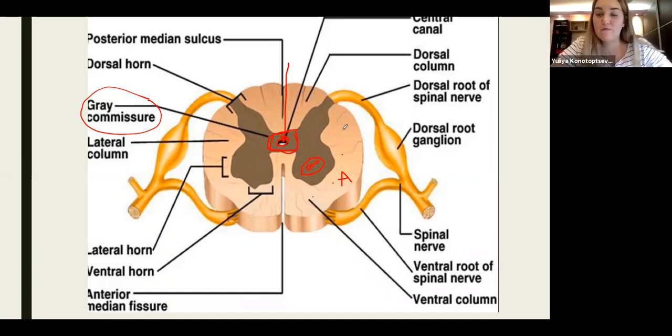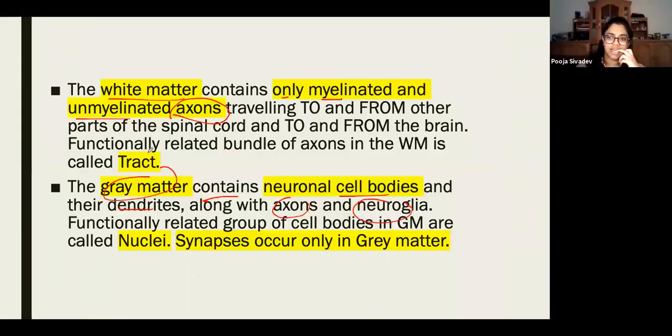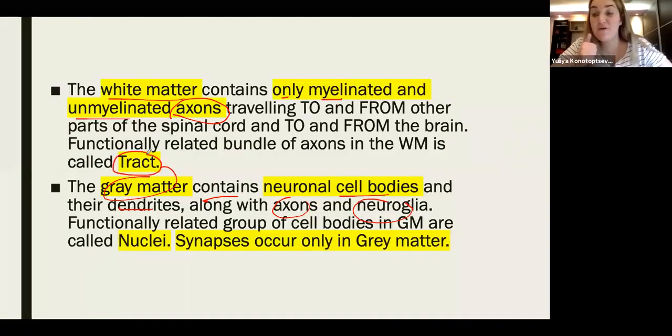How do we call functionally related axons? Nerve. Tract. In the peripheral nervous system, you will call it a nerve, for sure. In the central nervous system, you could call it so many things, but the one that we call in the spinal cord is actually a tract.